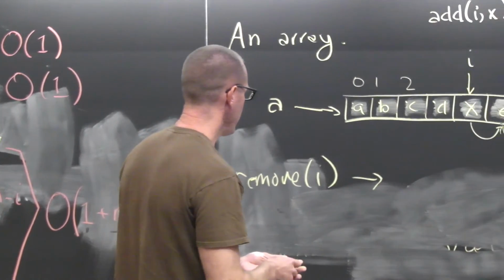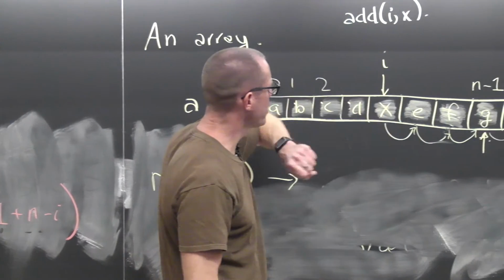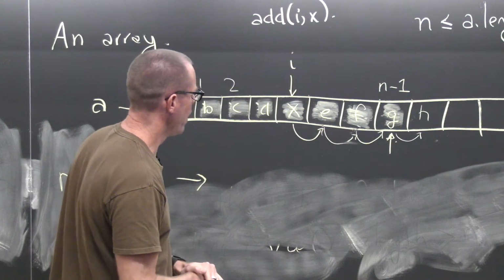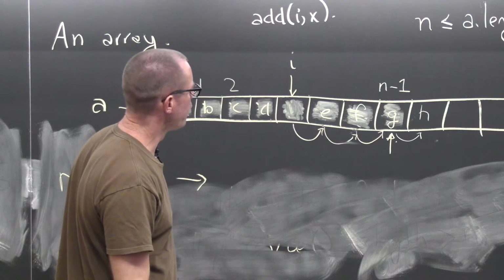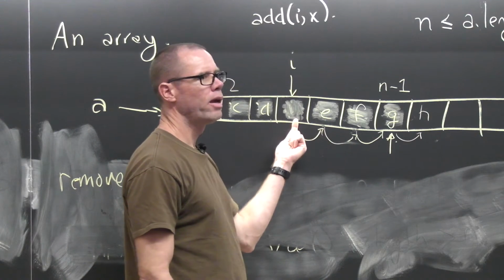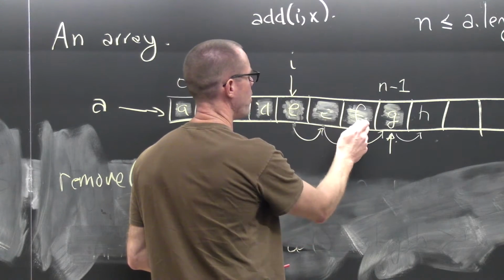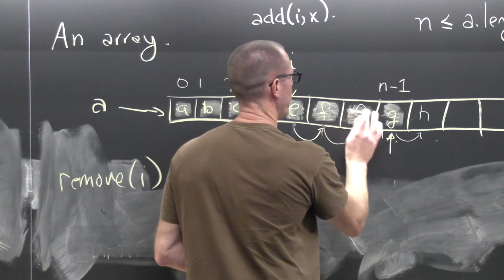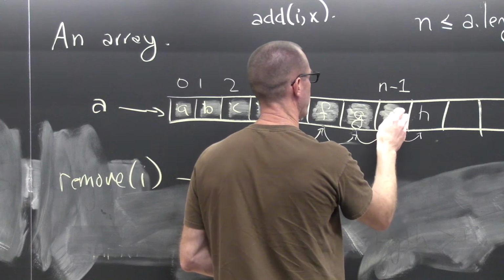So if I'm removing I, the ith element, which is x in this example here, that's going to create a gap here, which I need to fill in, and I get that by taking the element at position I plus 1 and copying it to position I, and then the element at position I plus 2 and copying it to position I plus 1, and then G over F, and then H over G.